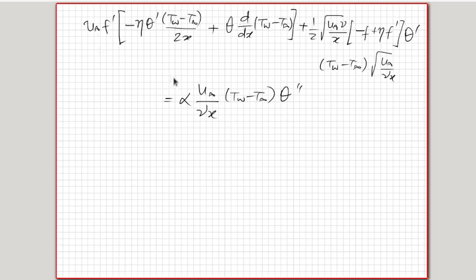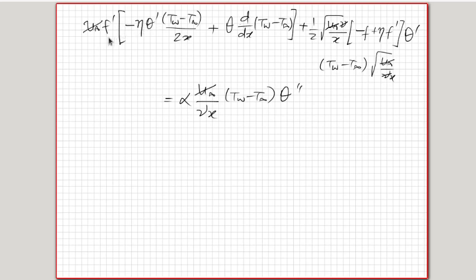So you will actually have a u infinity here, and there is a square root of u infinity here. So the u infinity would get cancelled throughout. And there is a square root of nu and square root of nu would get cancelled between each other here.